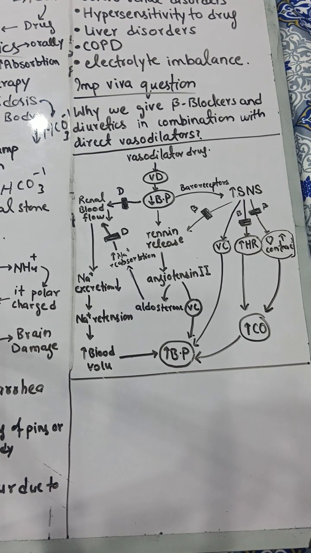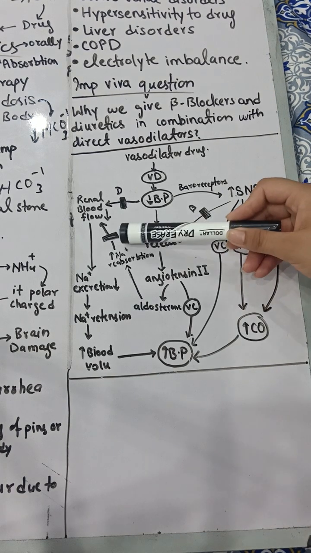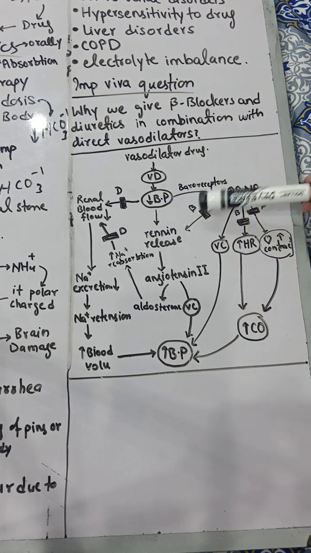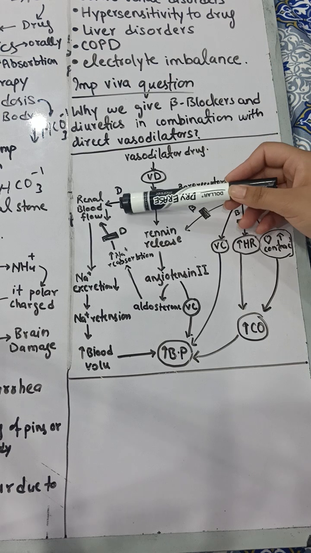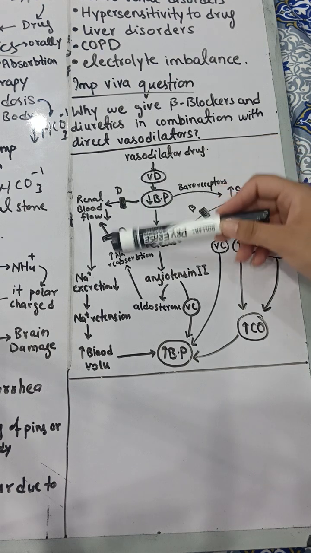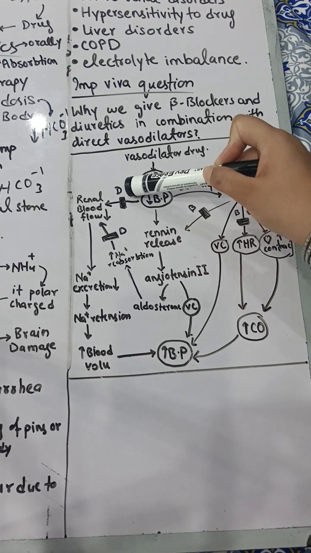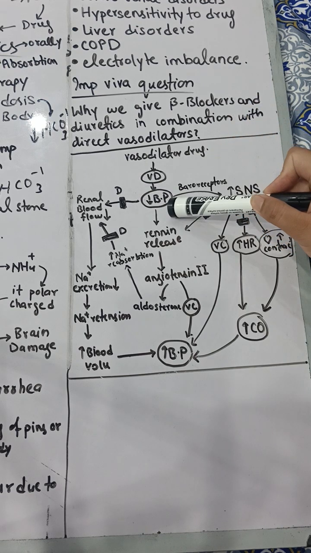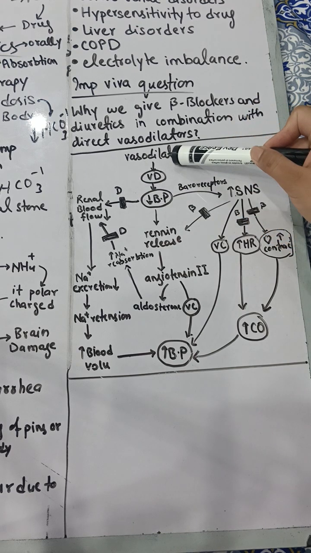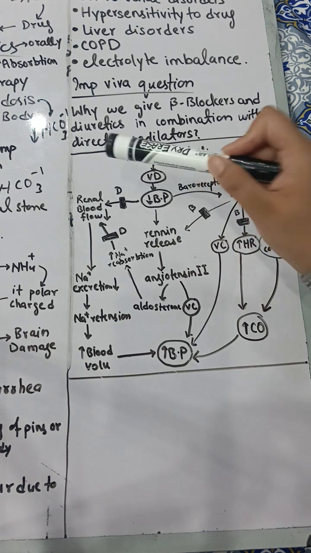Actually, I have drawn a dark shaded part here, and on this dark shaded part I have written DD. So here I am giving the diuretics to that patient. The blood pressure decreases with the vasodilator, and in combination I have given the diuretics.